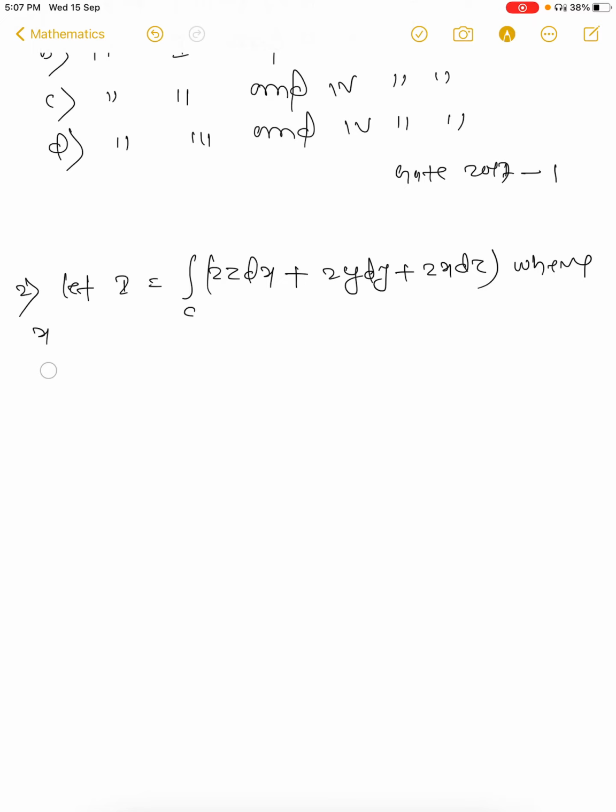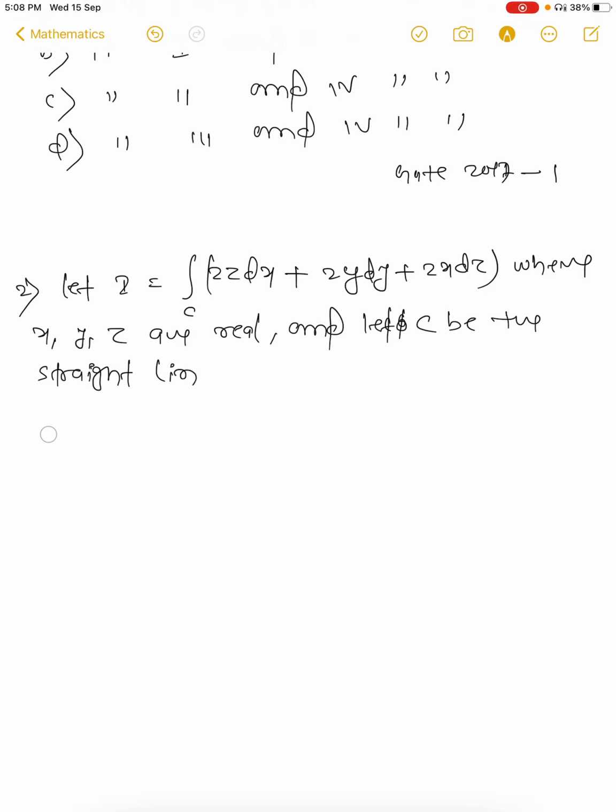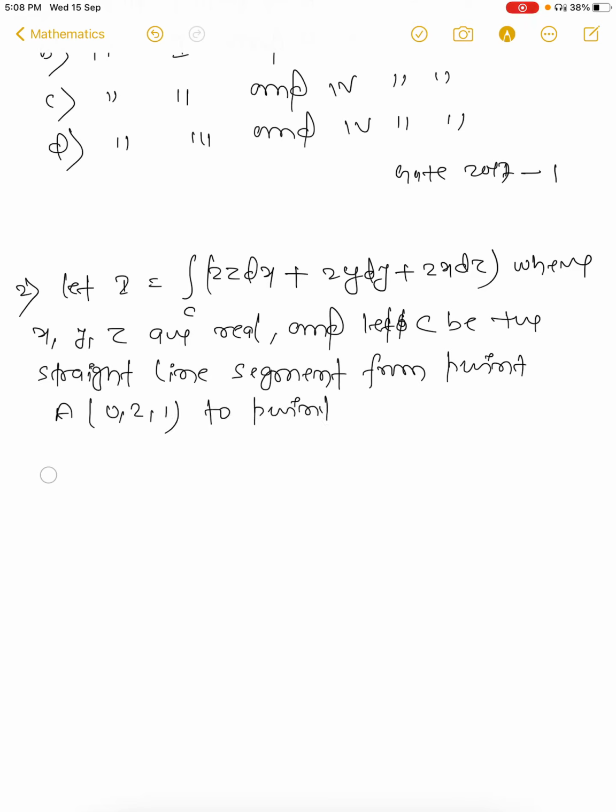where x, y, z are real, and let's see the straight line segment from point A 0, 2, 1 to point B 4, 1, minus 1.